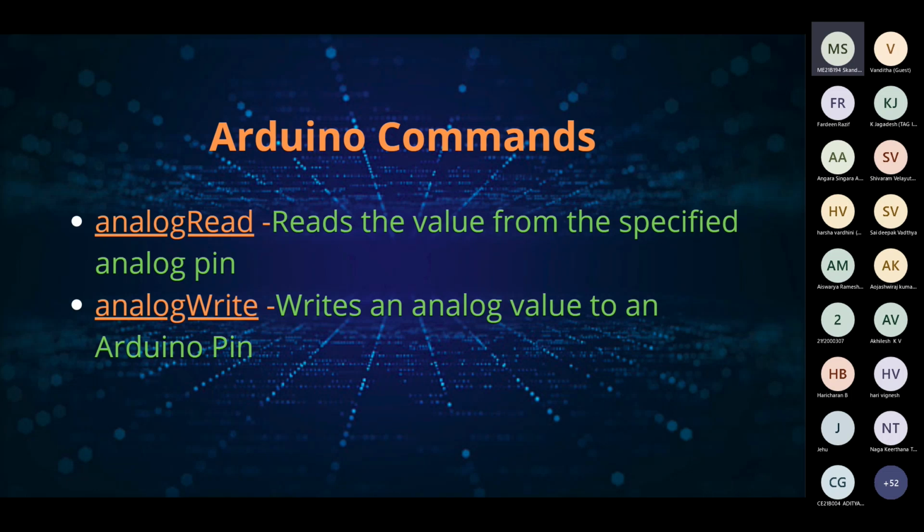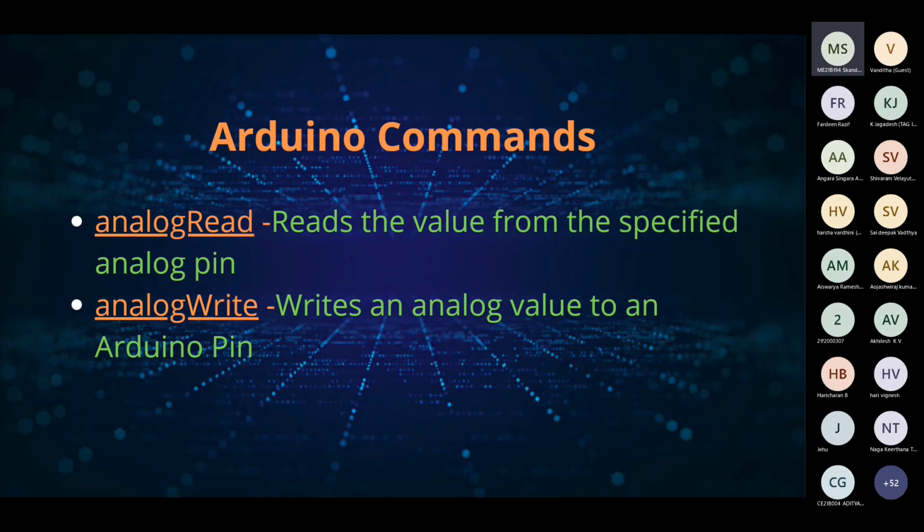Moving on, we have two Arduino commands pertaining to the PWM signal, which are analogRead and analogWrite. analogRead is a function that reads the analog value being input from the analog pins, that is, a component connected to the analog pins whose value doesn't just change from low to high, but changes through a certain series of values.